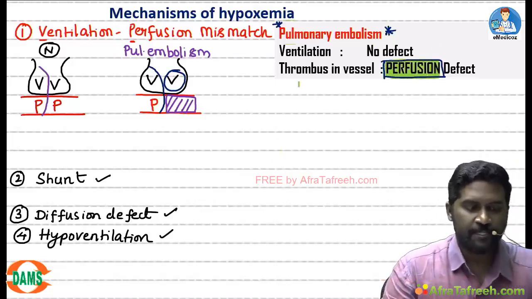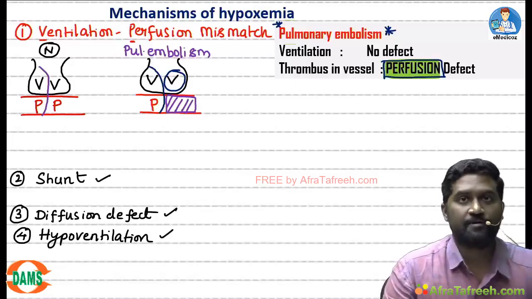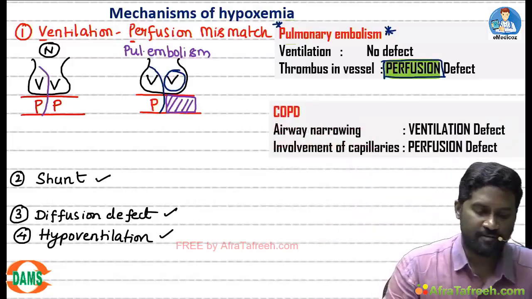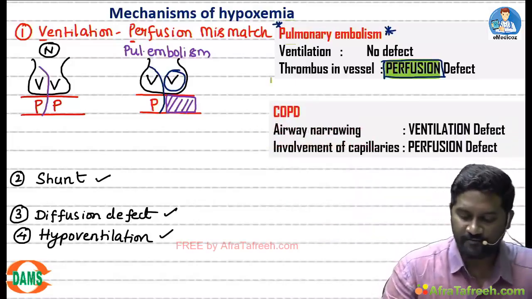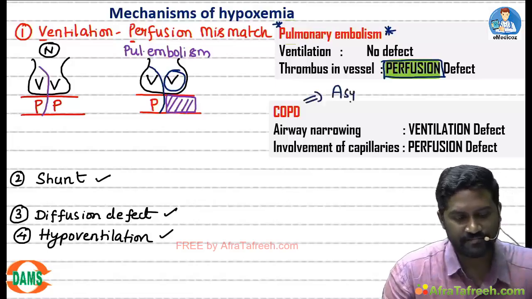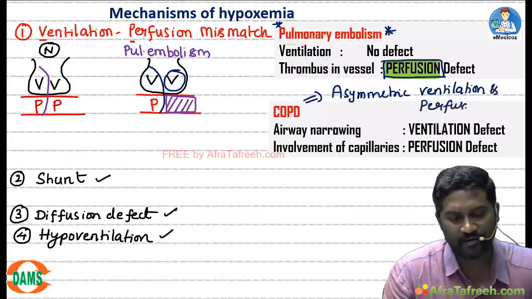Now let us see another instance where there can be ventilation perfusion mismatch, especially in COPD emphysema. In COPD emphysema, there will be asymmetric defects in both ventilation and perfusion.